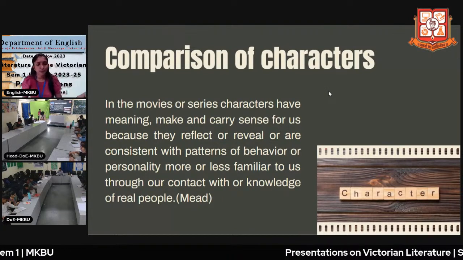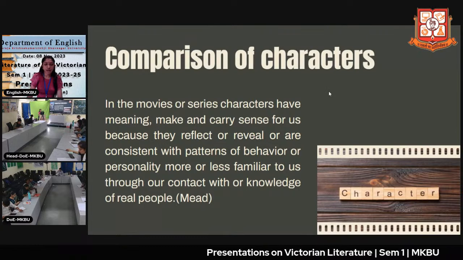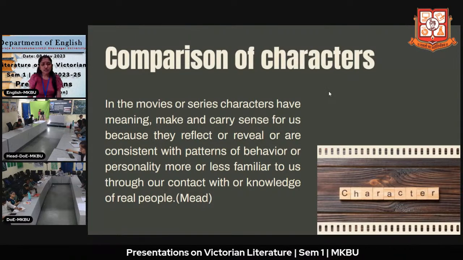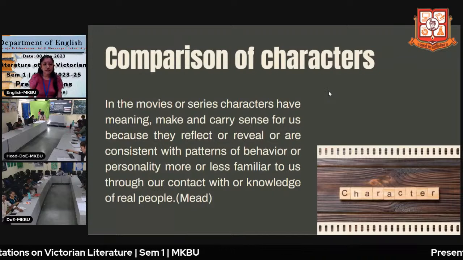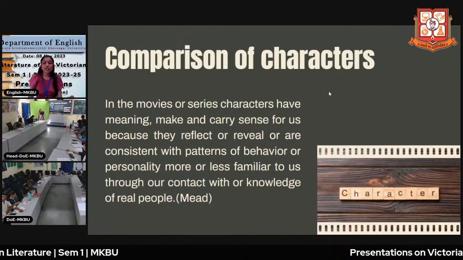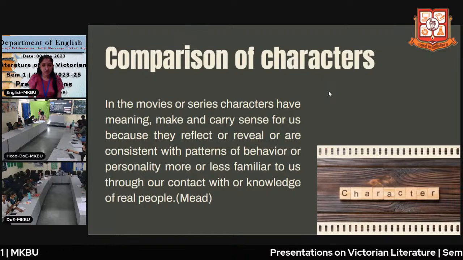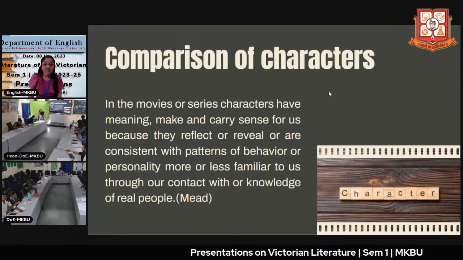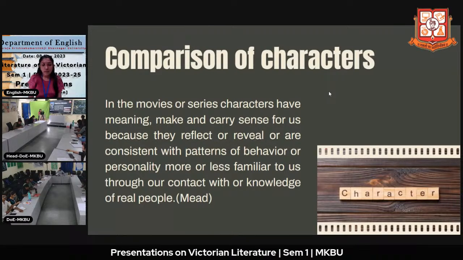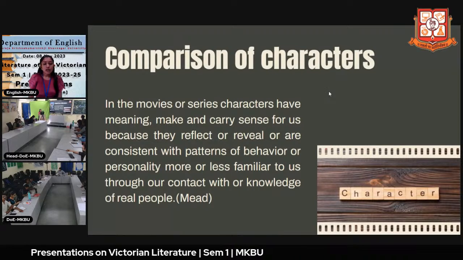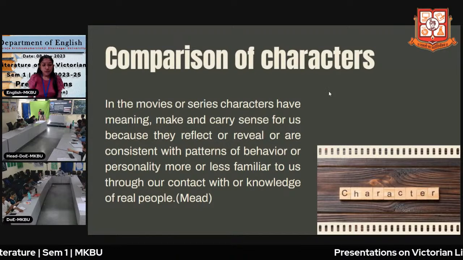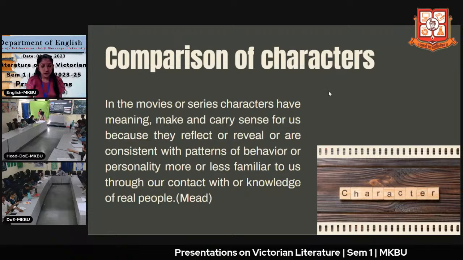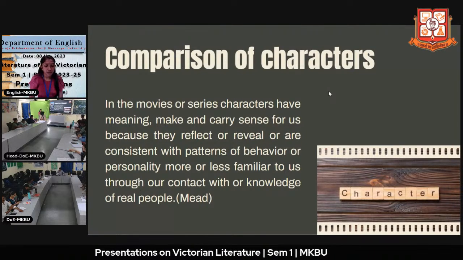So if you want to watch a comparison of characters in movies or series, characters have meaning, make and carry sense for us because they reflect, reveal or are consistent with patterns of behavior or personality more or less familiar to us through our contact with or knowledge of real people.